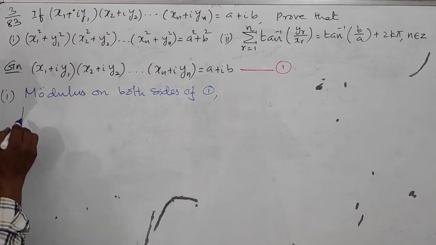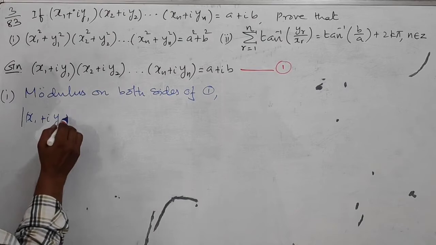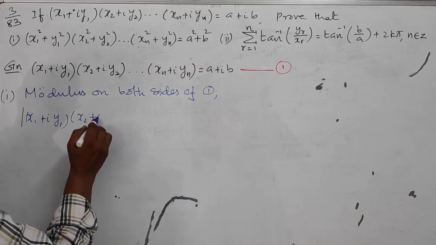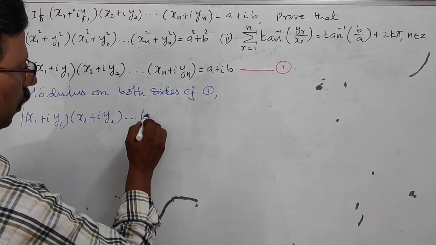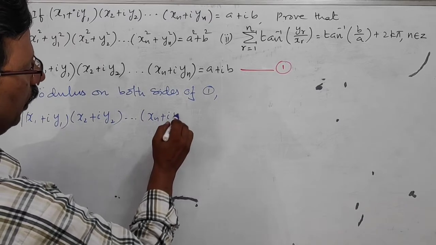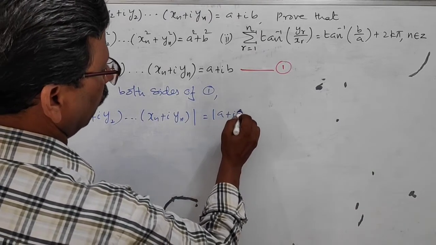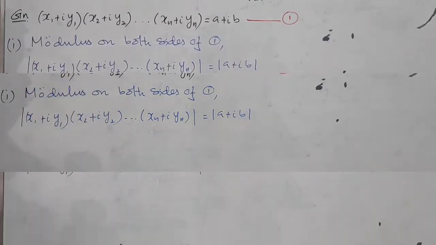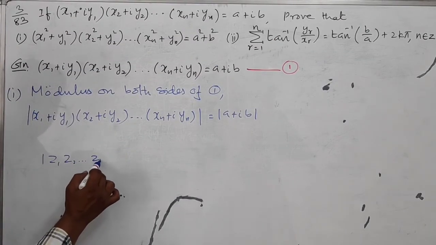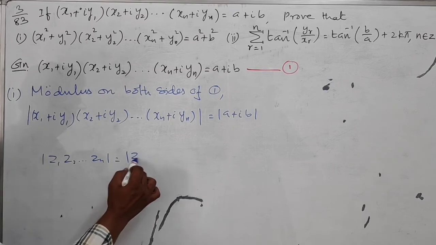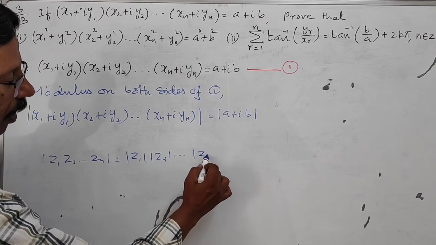Therefore, you can write modulus of x1 plus i y1 into x2 plus i y2 into and so on up to xn plus i yn is equal to modulus of a plus i b. Now, you know very well, modulus of z1 into z2 into and so on up to zn is equal to modulus of z1 into modulus of z2 and so on into modulus of zn.